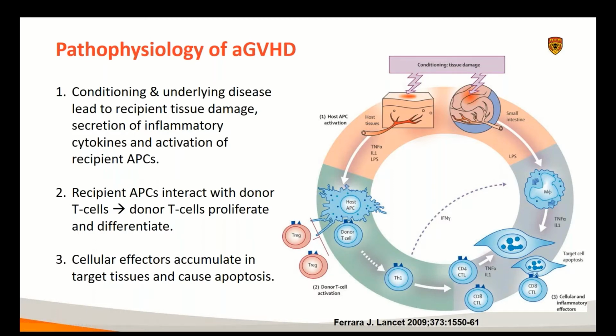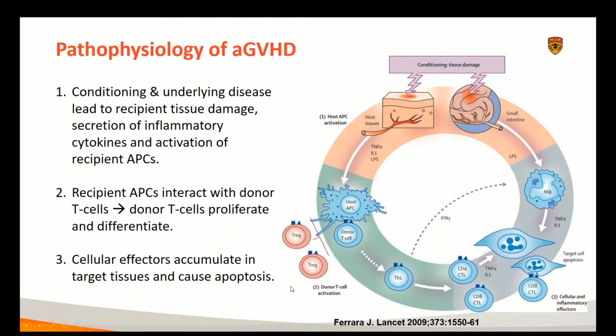And this leads to pro-inflammatory cytokines being produced. And what happens here is you get activation of the recipient antigen presenting cells. Interestingly enough, these recipient antigen presenting cells will interact with the donor T cells.